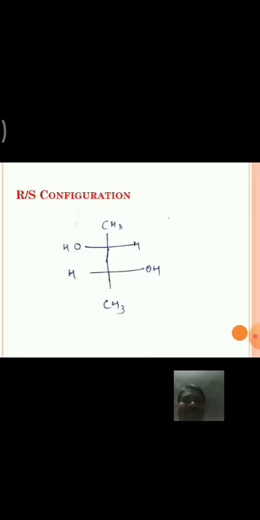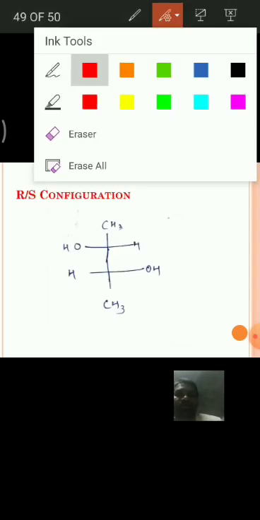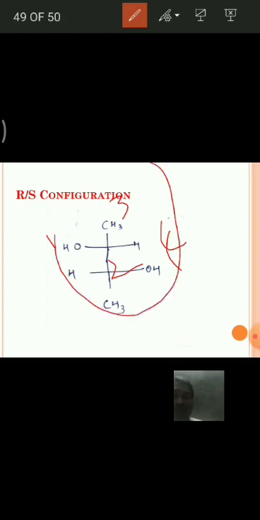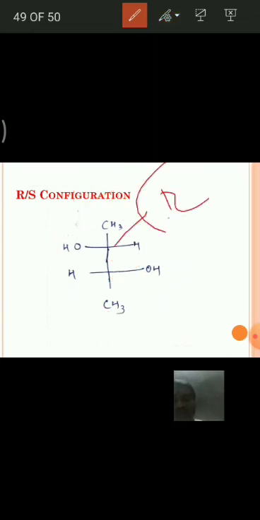And one more example, see here, it also has two chiral centers. For the first chiral center, if we assign 1, this group is 2, this is 3, this is 4. Again the fourth one is on the horizontal line, 1 2 3 counterclockwise, hence R configuration. And the second chiral center, OH is 1, this group is 2, methyl is 3, and this is 4.